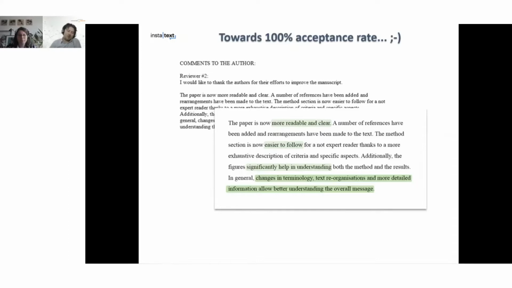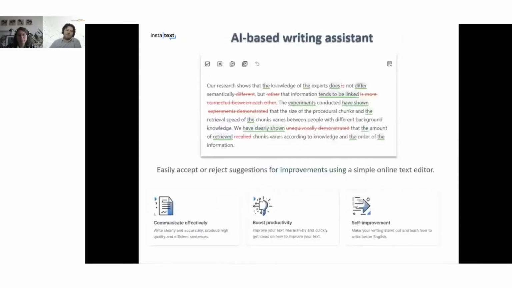The paper is now more readable and clear, easier to follow, and significantly helps in understanding, and changes in terminology, text organization, and more detailed information allow better understanding of the overall message. It's not obvious often that without any more research work, you can publish a paper only by writing it better. And this is what happened here.